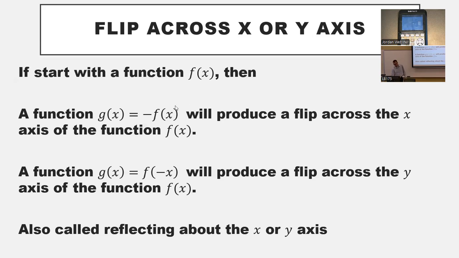When we change the outputs, that's a flip across the x-axis. Now, I'm using the phrase flipping across the x-axis or flipping across the y-axis. Some people would say reflect across the x-axis or reflect across the y-axis. That's the same concept.